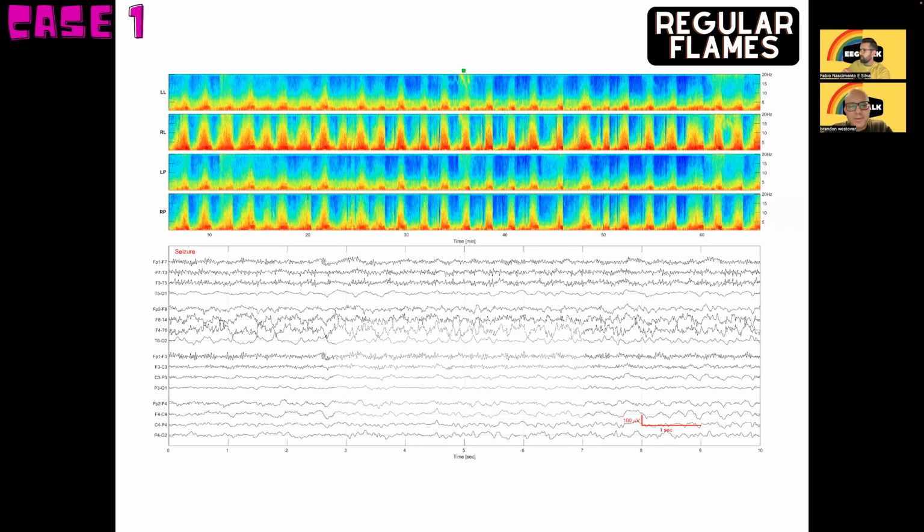Okay. Let's take a look. Ta-da! So if you only saw this 10-second segment of EEG, what would you call this? I see there's something different on the right temporal or lateral, so that goes with that.